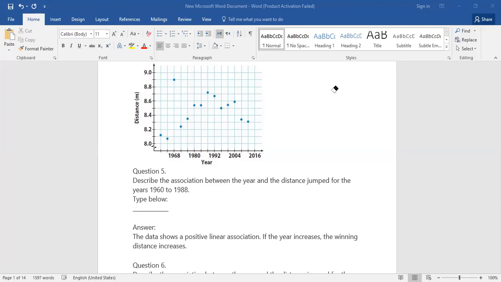In the question I'm talking about, I want to make a comparison between no association and negative association. So tell me the difference between them. Compare.